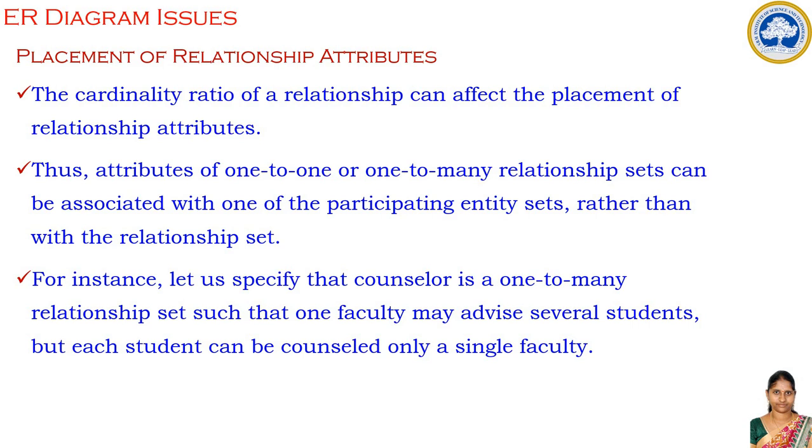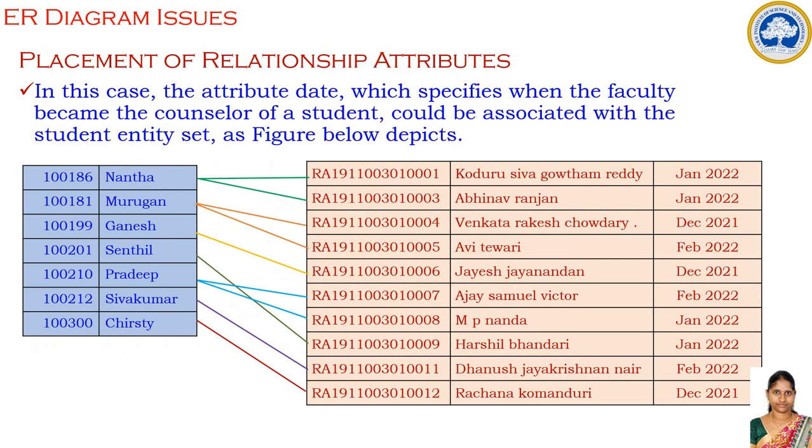Because in a one-to-one relation and a one-to-many relationship, the attribute can be associated with one of the participating entity sets rather than with the relationship set. If you see in this diagram, the attribute of the relationship set is the date here, which specifies when the faculty became the counselor for the particular student.